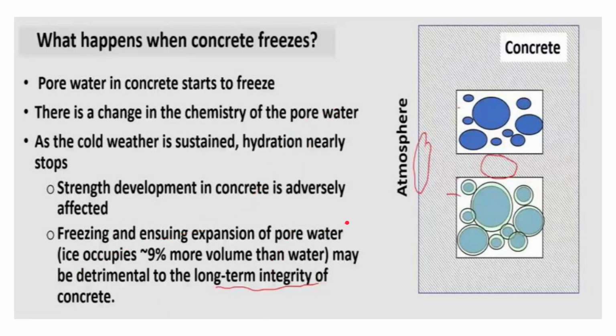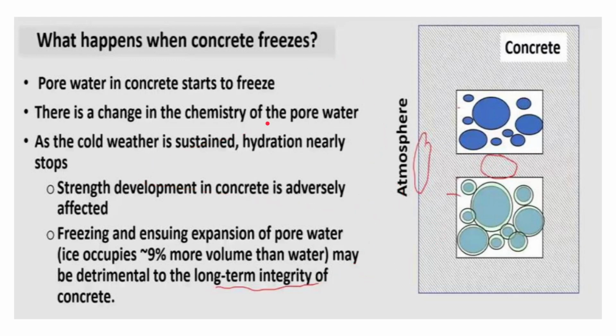We know from science that the volume occupied by ice is greater than the volume occupied by water. So due to freezing, the pore water will occupy 9% more volume than the actual water, and that will be detrimental to the long term integrity of concrete, which is basically the freezing-thawing condition.